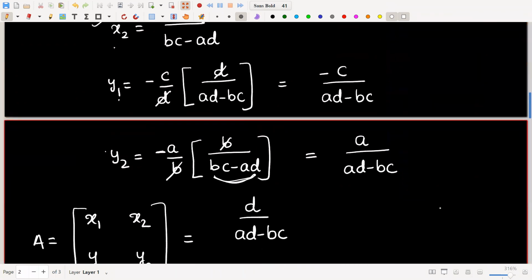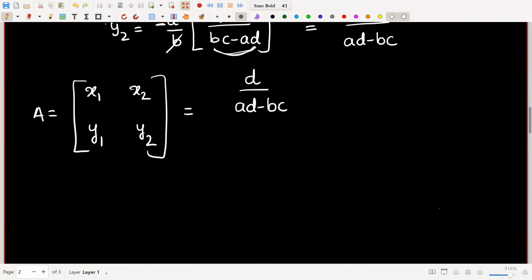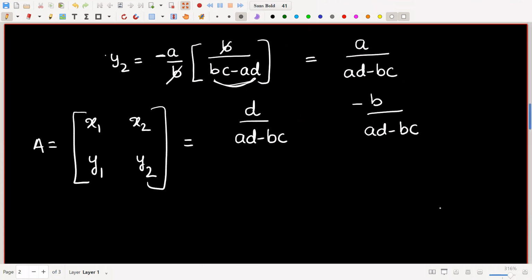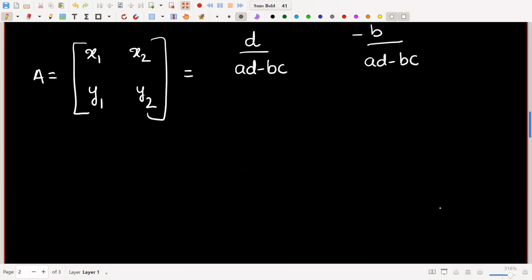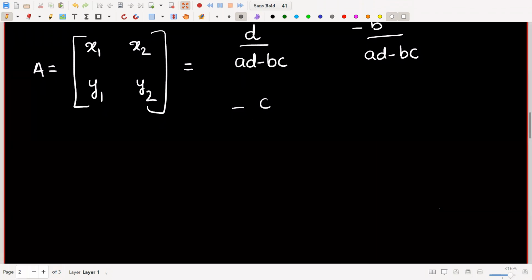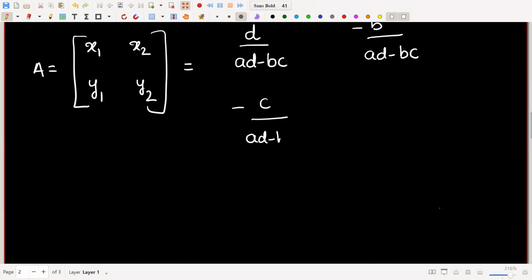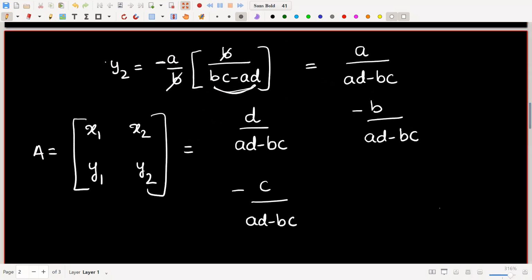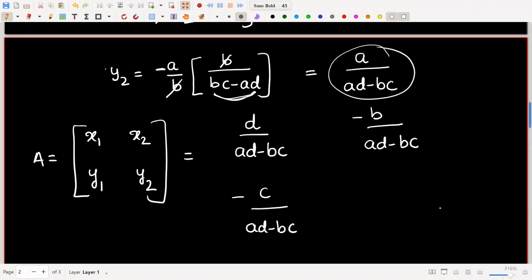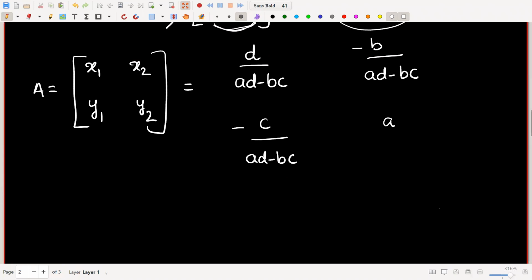And x2 is equal to b by bc minus ad, which is nothing but minus b over ad minus bc. And y1 is minus c over ad minus bc. And the last one, y2, is a over ad minus bc.